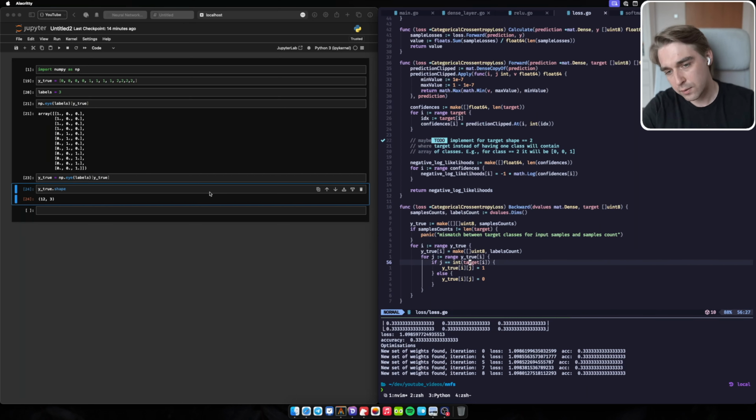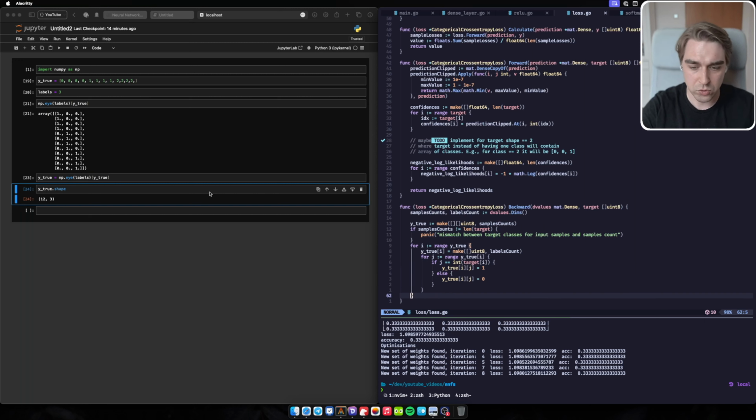So in the target we will have the target index, and okay, that should be the case.